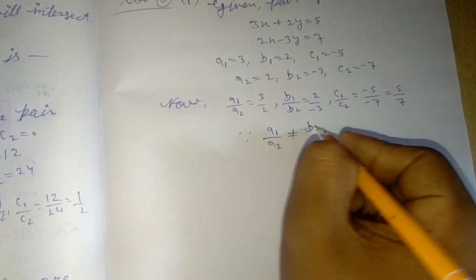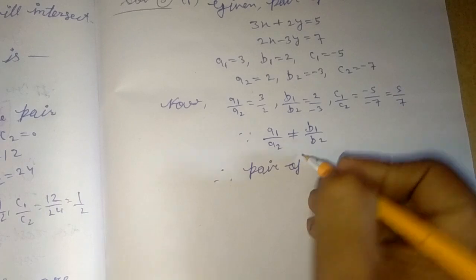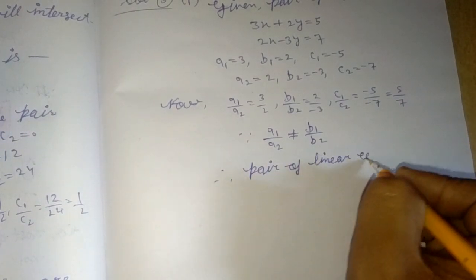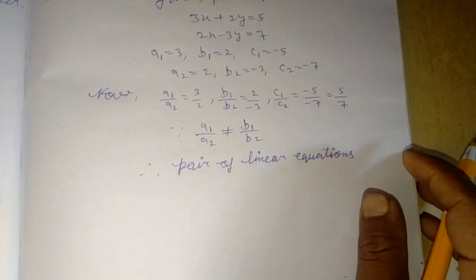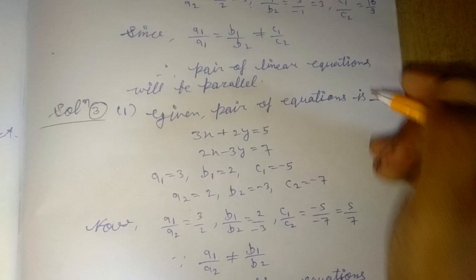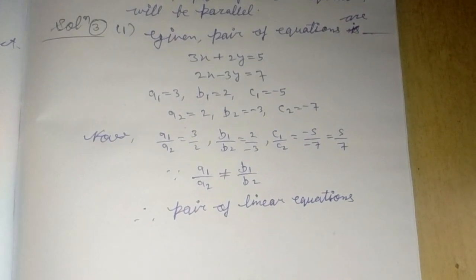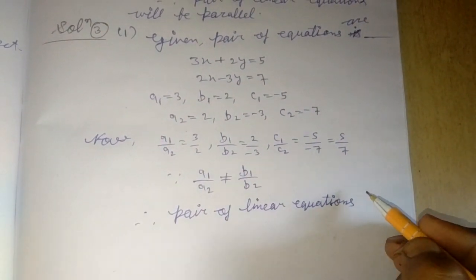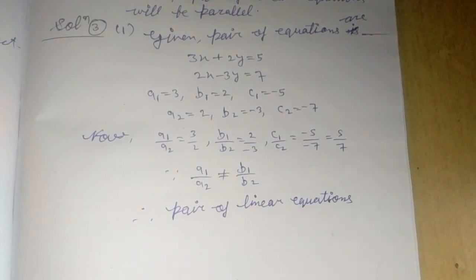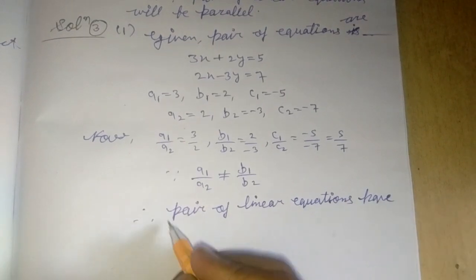Since a1 upon a2 does not equal b1 upon b2, therefore pair of linear equations, okay, hence the pair of linear equations have unique solution.